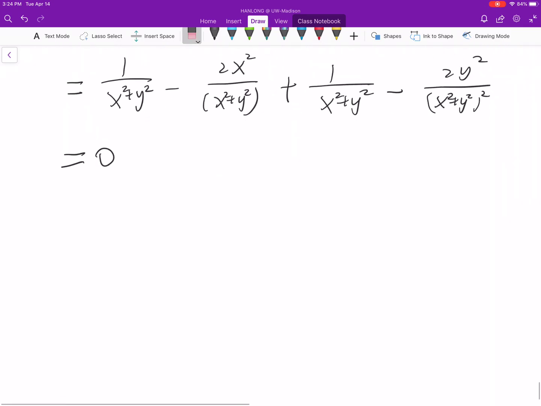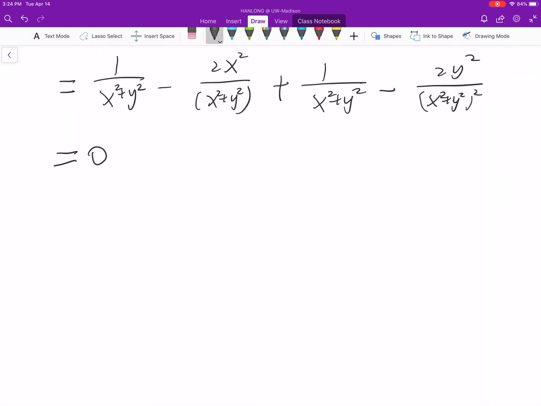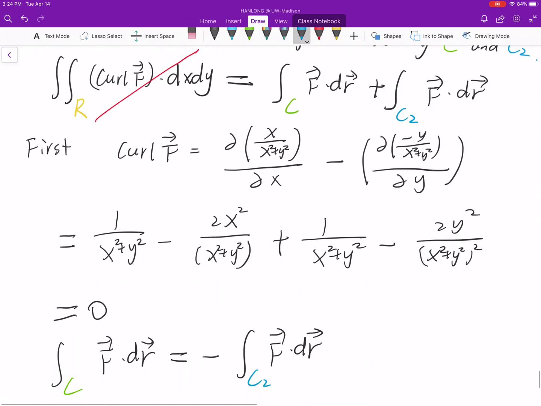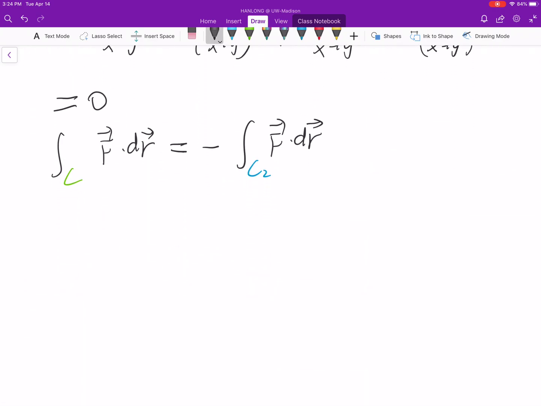So that means here this is 0. Therefore, the integral of f dr along C is negative the integral of f dr along C2. And if we draw the picture for C2 again, because the orientation of C2 is go this way, and this is C2.